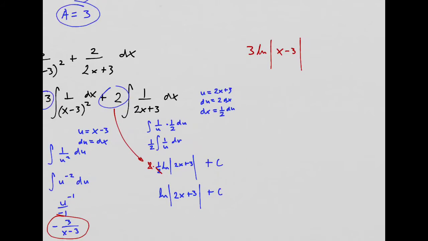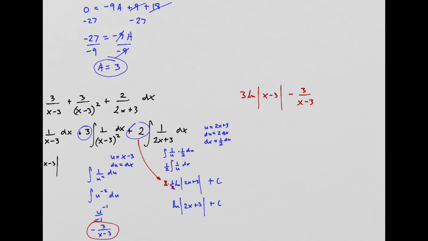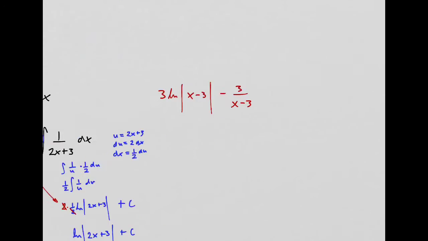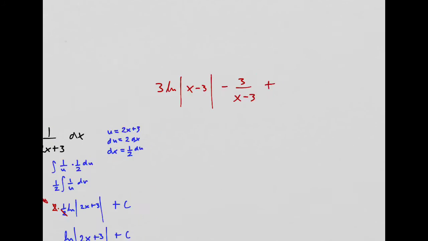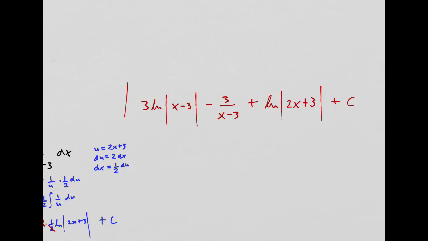I did that already. So minus 3 over x minus 3, I think it was. Yes. And plus ln of the absolute value of 2x plus 3 and plus c. That wasn't so bad.